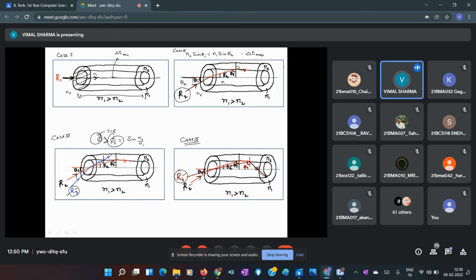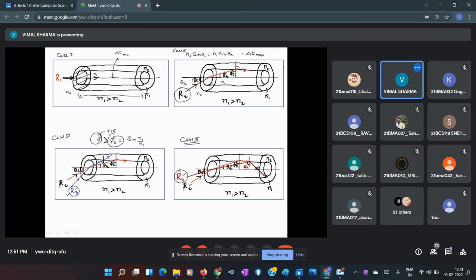Okay, so what is our conclusion when we see all these 4 cases? Whenever the total internal reflection condition is just fulfilled, meaning the angle made by the ray at the core cladding interface is phi c, then the angle of incidence is called the acceptance angle.